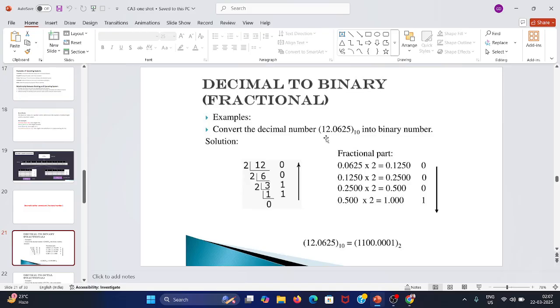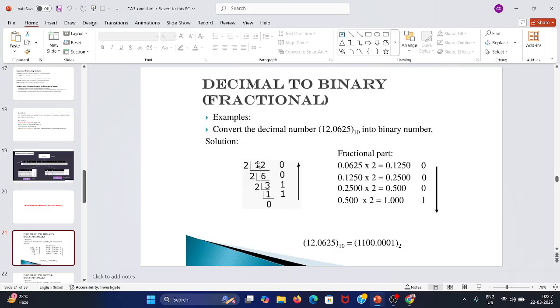Now if we take the part on the left side, which is 12, what do you have to perform? You have to divide it by the base to which you want to convert. In our case, we want to convert from decimal to binary, so the base is 2. We divide the left part by 2 till it becomes 0.